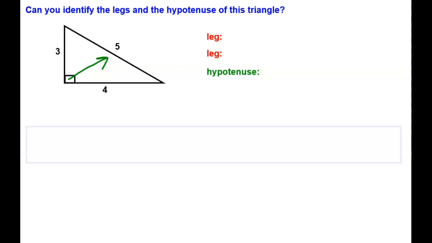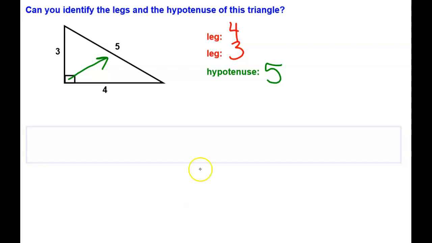If you can identify the hypotenuse first, you will always be right, because the order of the legs doesn't matter. So if the hypotenuse is 5, then that means that the 3 and the 4 must be the legs. That is an acceptable answer. So is this.